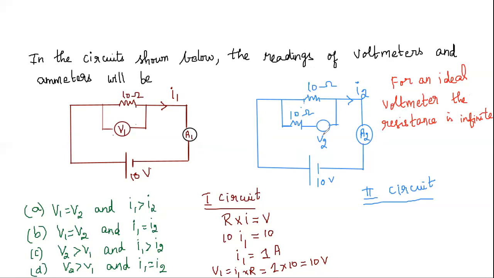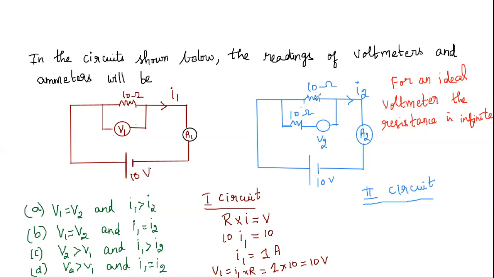When the voltmeter has infinite resistance, current won't flow through this branch. Yes, sir, due to the infinite resistance. This is the exact reason behind no current through this branch. Due to the infinite resistance in V2, current won't flow. That means current will flow only through this 10 ohm resistance.